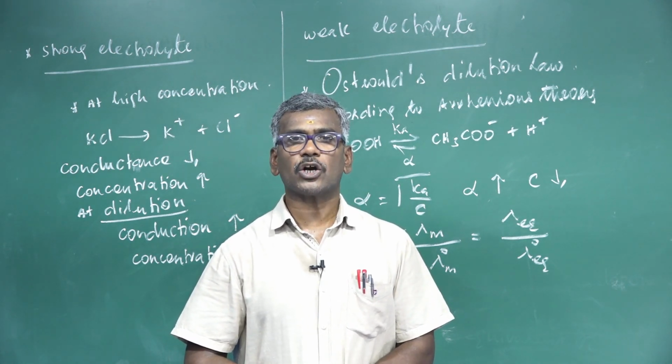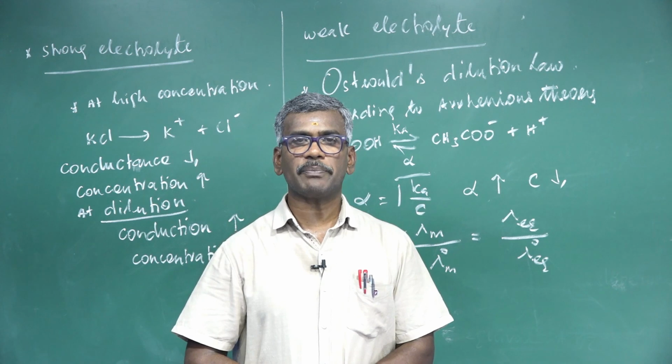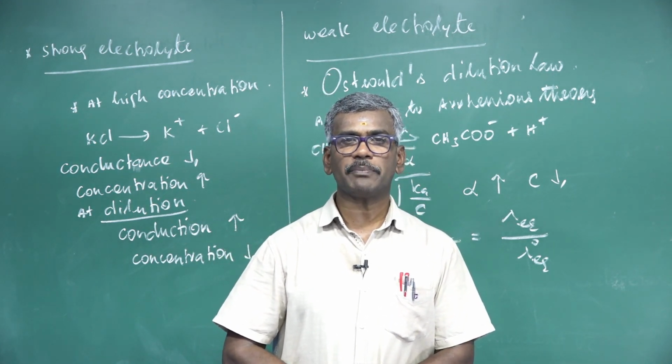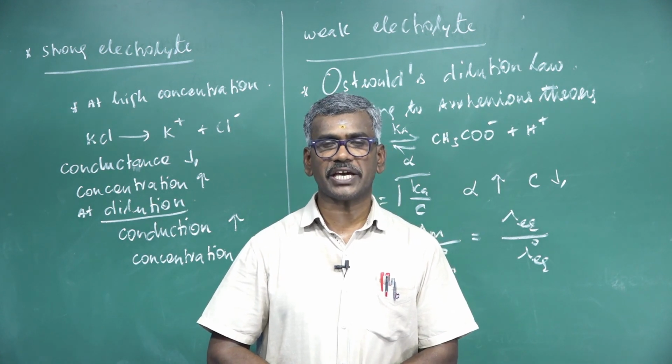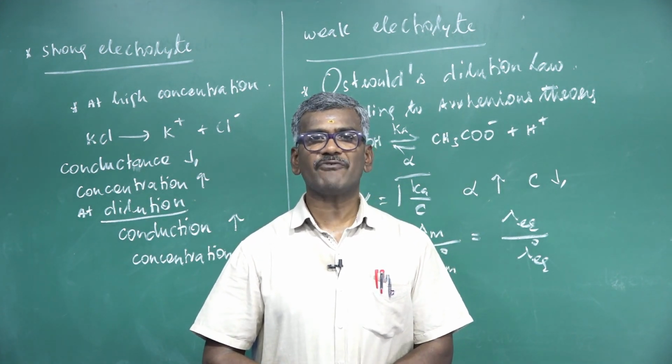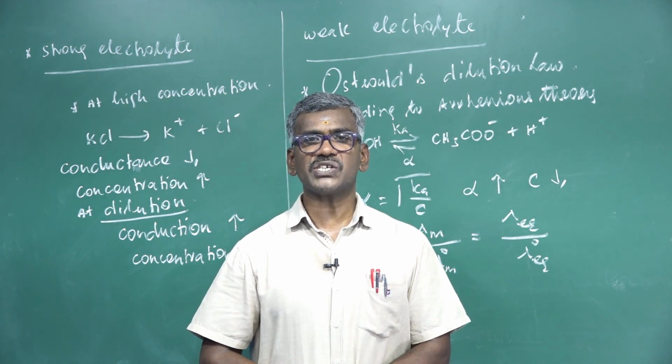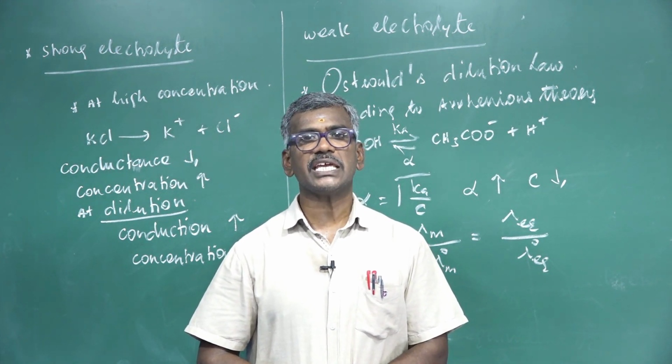For a weak electrolyte, it can be explained by the Ostwald dilution law, according to the Arrhenius theory. Here alpha equals the square root of Ka divided by C. If concentration decreases, alpha increases.